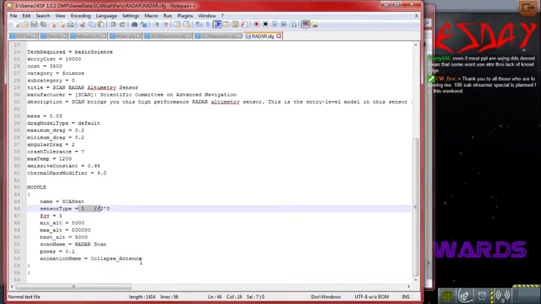I mean, texture replacer can be used to, for example, take a fuel tank and apply, say, a Dr. Pepper texture to it.